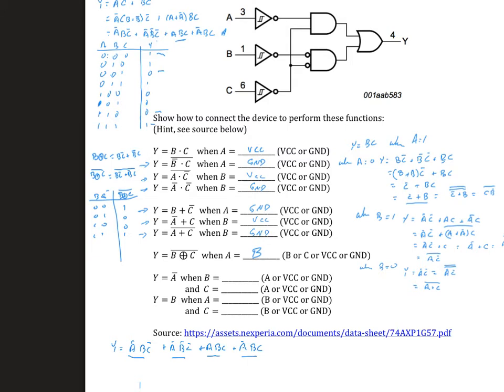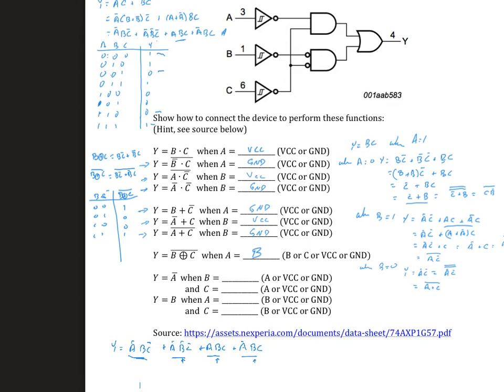If we were to tie B high and C low so that this expression was A bar, when B is high, that makes this whole expression 0. C bar would be low, so this expression would be all 0, and then this expression would also be 0.